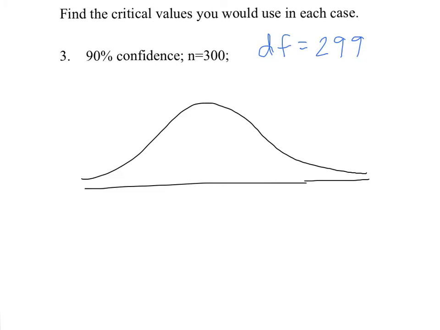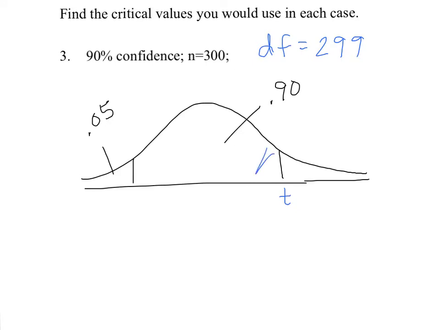And I've got 90% of the data in the middle for a 90% confidence interval, which means on the outside I'm going to have 10%. So I'd have 5% in the right tail and 5% over here in the left tail. And again, my critical t value is going to be this boundary here.